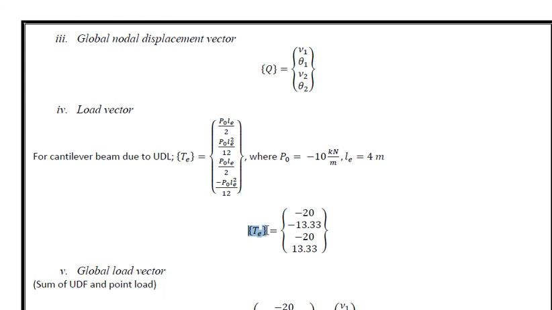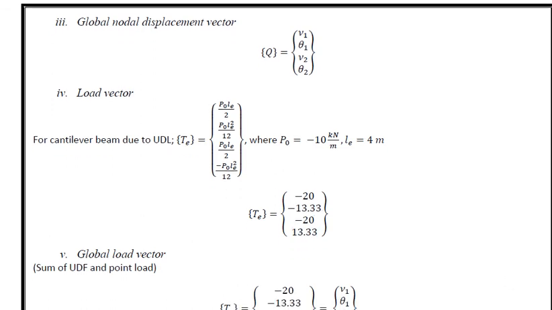So the UDL load vector, after substituting these values, minus 10 into 10 power 3, we have to maintain, because we are taking load in Newton. So it will be minus 20, minus 13.33, minus 20 and 13.33 will be the load vector for UDL.